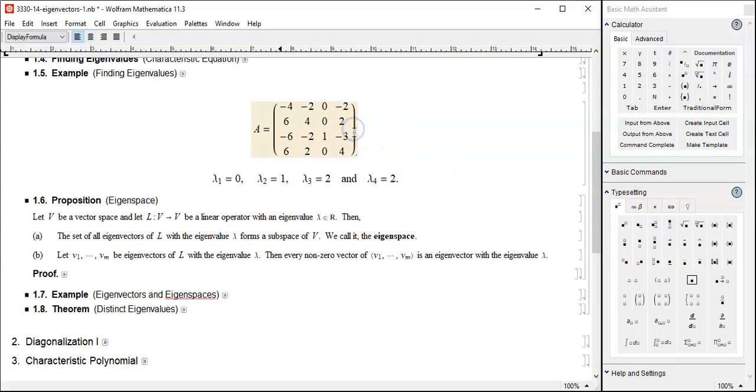This is a 4x4 matrix, so it defines a linear operator from R4 to R4, and these are the eigenvalues. For each eigenvalue, you're going to have the set of all eigenvectors associated with that particular eigenvalue, and that is called an eigenspace. For example, we went through an eigenvector for lambda equal to 0 in the previous video, and if we get them all, then you're going to get a one-dimensional eigenspace.